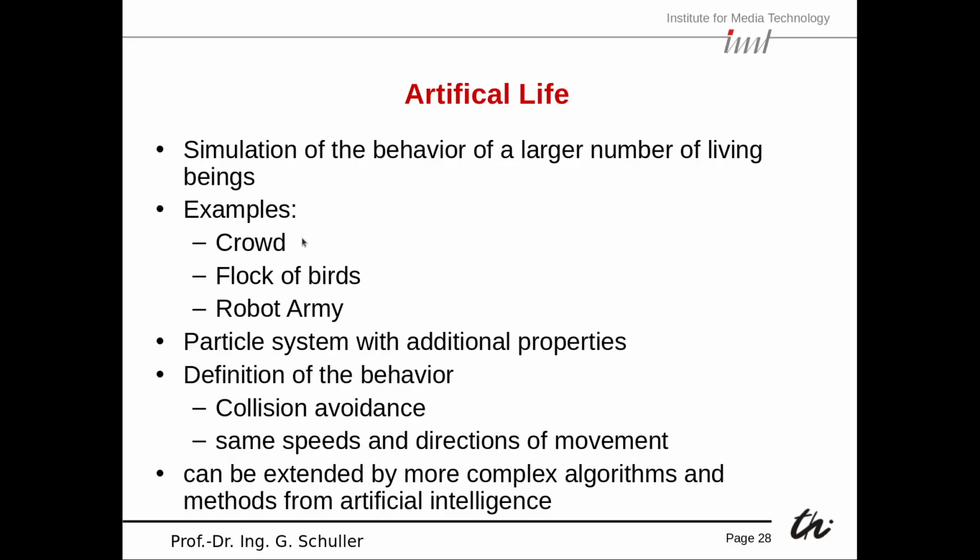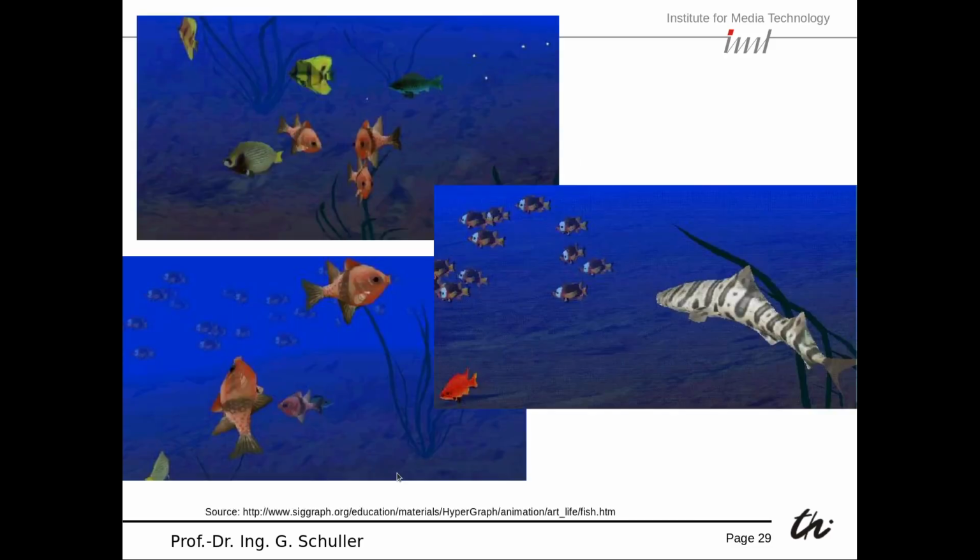And this also leads us to artificial life, which is a simulation of the behavior of a larger number of living beings. Examples are crowds or flocks of birds or a robot army. This is a particle system with additional properties, like a definition of the behavior, like collision avoidance, same speeds and directions of movement, like a flock of birds, and can be extended by more complex algorithms and methods from artificial intelligence, like, for instance, fish.